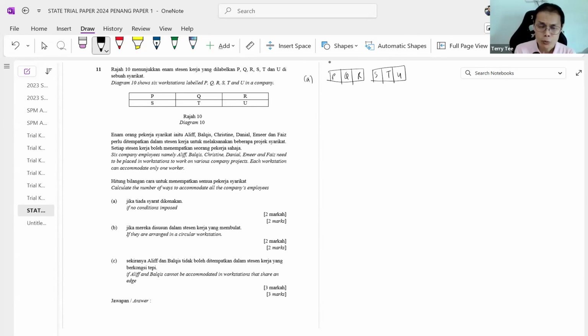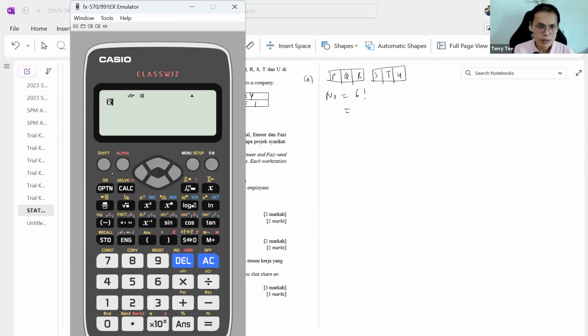It's the same because you have 6 options for the first one, 5, 4, 3, 2, 1. So the number of ways is the same as 6 factorial. You can use your calculator. 6 factorial is 720.